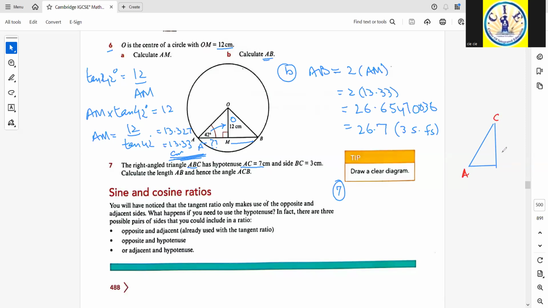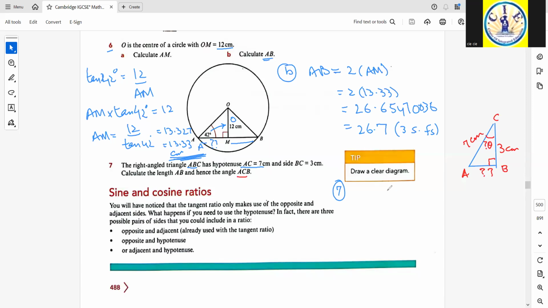If I label it, the hypotenuse is AC, 7, and then the side BC, which means the right angle is at vertex B. So this side is 3 centimeters, and we need to calculate AB and angle ACB, this one. Let's call this angle theta.